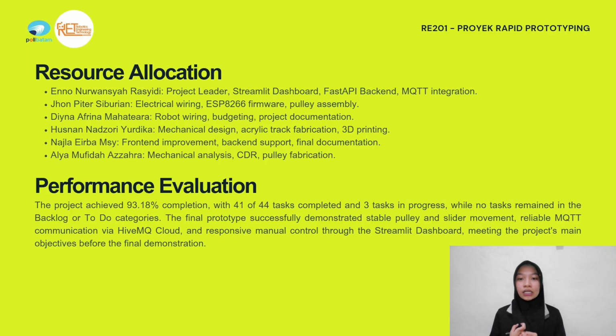Dina was responsible for robot wiring, budgeting, and project documentation. Husnan worked on the mechanical design, acrylic track fabrication, and 3D printing. Najla improved the front end, supported the back end, and completed the final documentation. Alia handled the mechanical analysis, CDR preparation, and pulley fabrication.